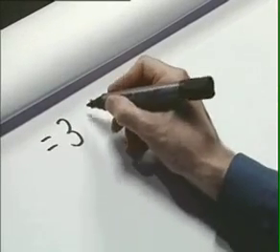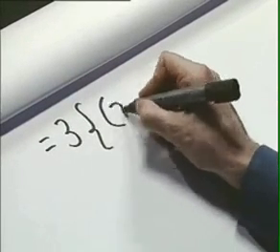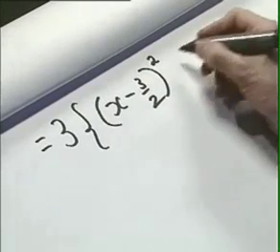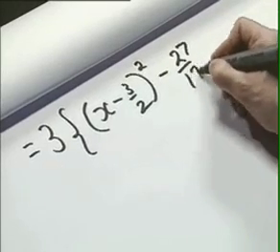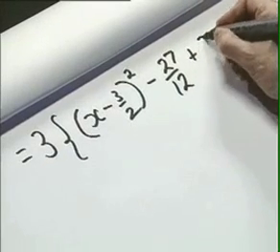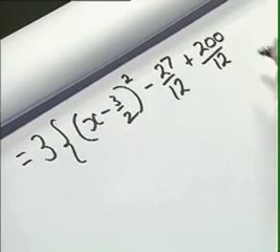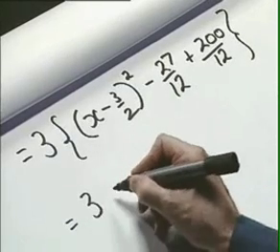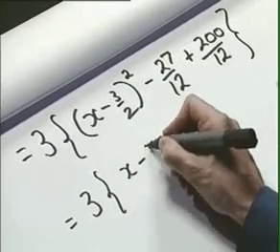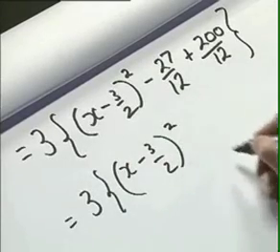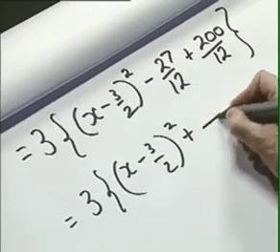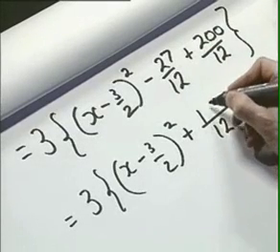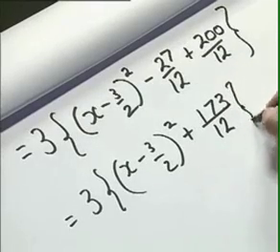Equals 3, the curly bracket, x minus 3 over 2 all squared, minus 27 over 12 plus 200 over 12, and that's the calculation that we need to do here to simplify. 3, the curly bracket, x minus 3 over 2 all squared plus all over 12, and we're going to take the 27 away from the 200. It's going to give us 173, and then we can close the bracket off.